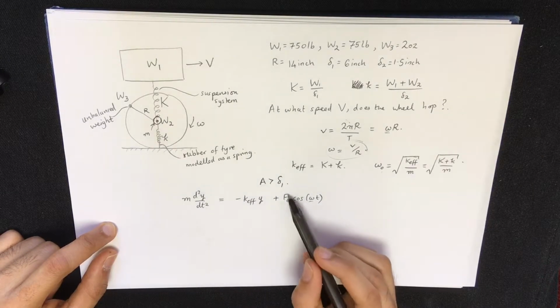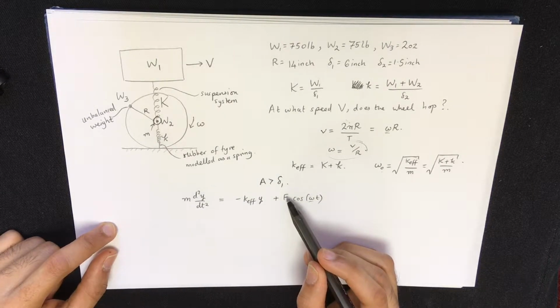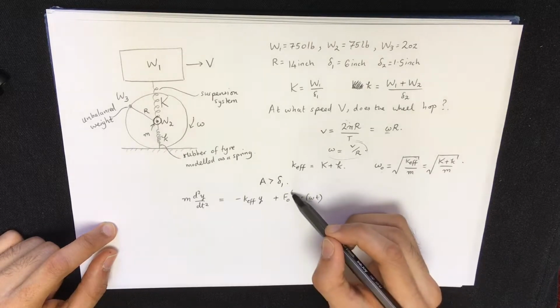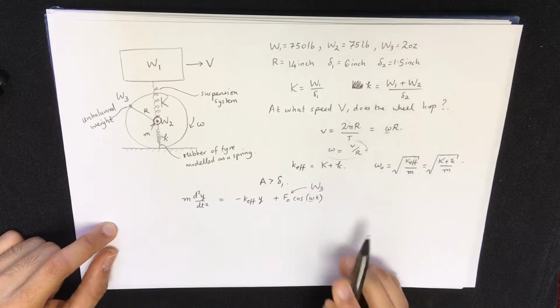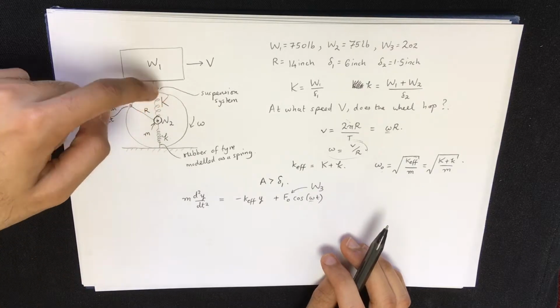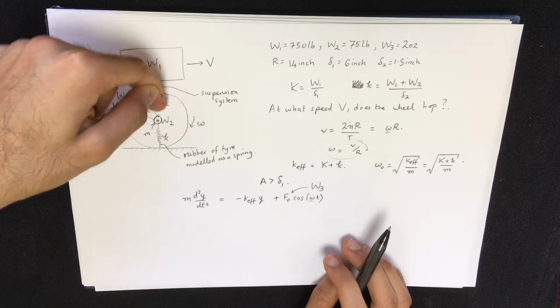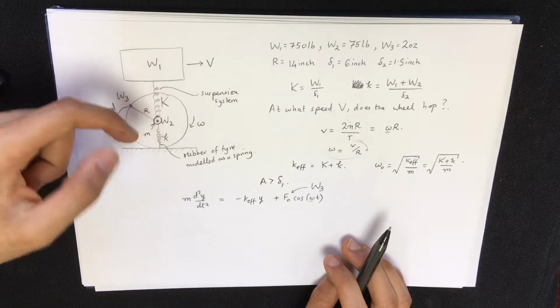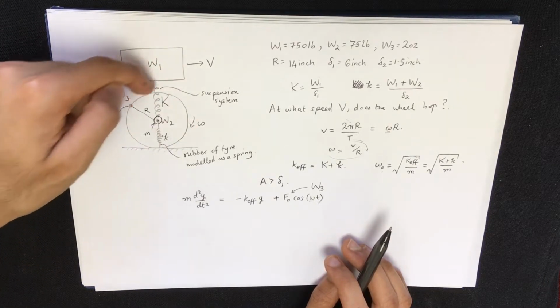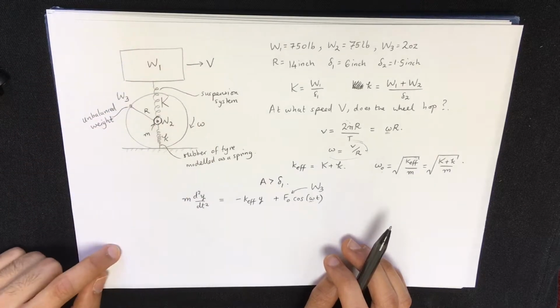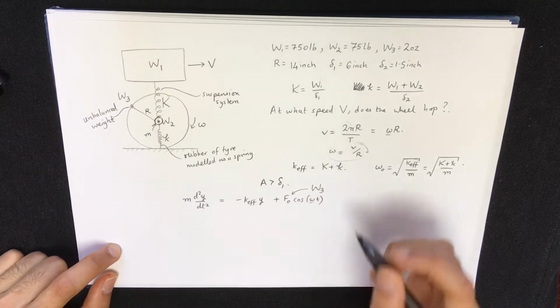Now, we can also figure out what F0 is in this case. F0 is going to be equal to W3, because W3 is going to be causing the entire mass spring system to compress downwards a little bit, and it's basically going to drive it every time it goes over the vertical position. So F0 is equal to W3.